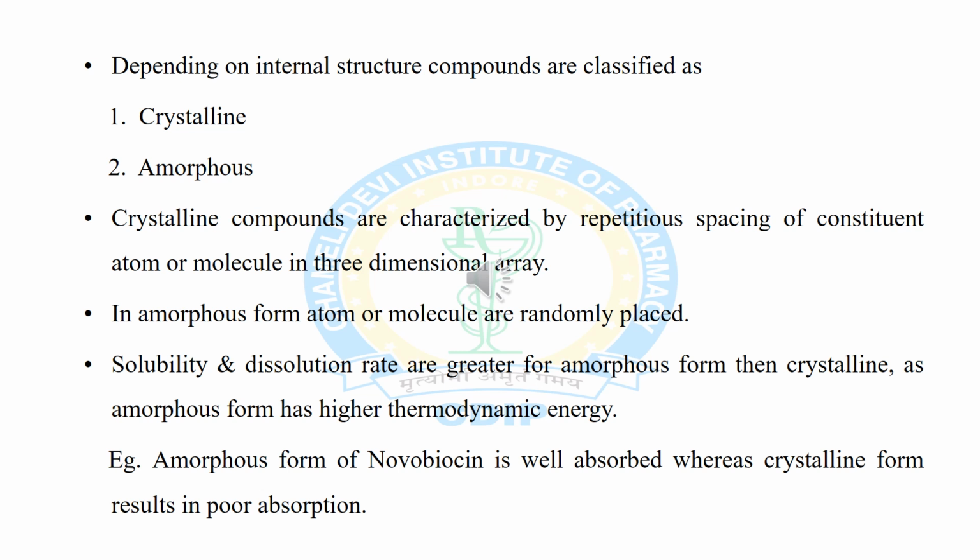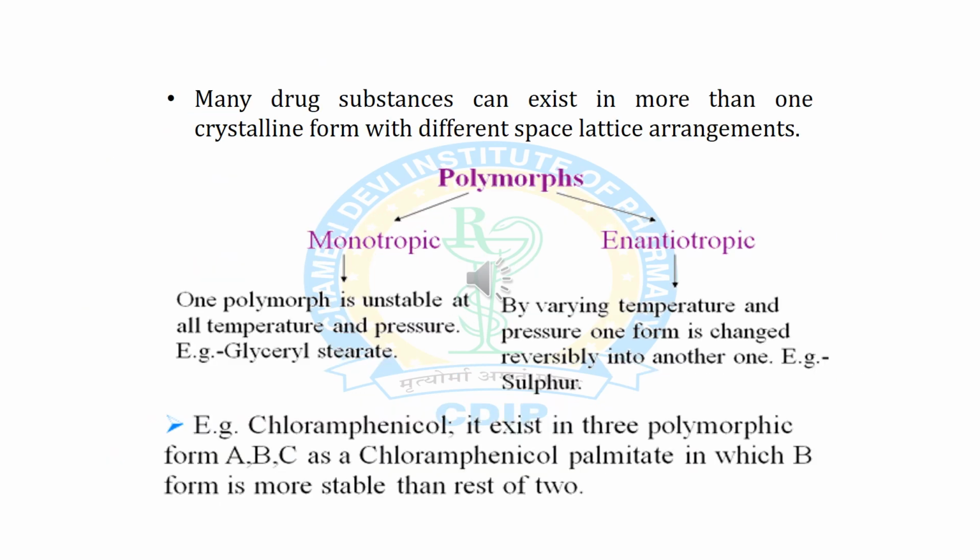In amorphous form, atoms or molecules are randomly placed. Solubility and dissolution rate are greater for amorphous form than crystalline, as amorphous form has higher thermodynamic energy. For example, the amorphous form of novobiocin is well absorbed, whereas the crystalline form results in poor absorption.